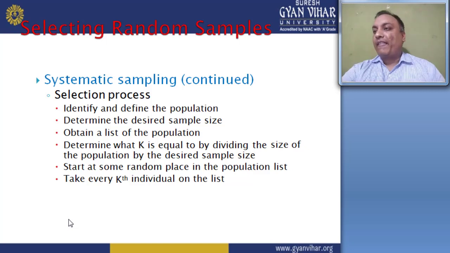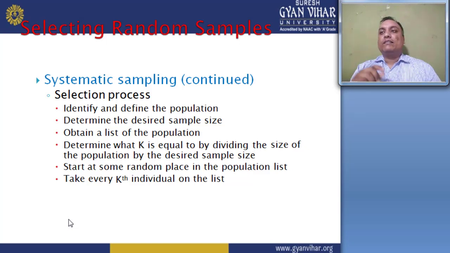This gives the skip interval: total number of units divided by sample size, right? And the last thing is circular systematic sampling.